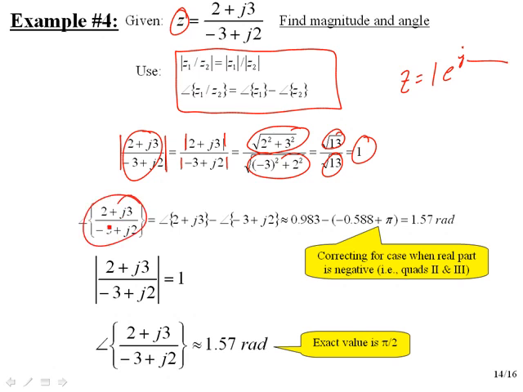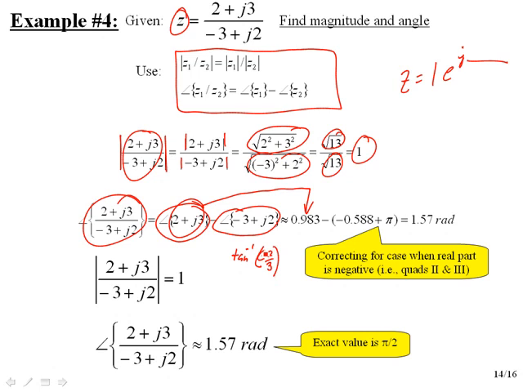So we take the angle of the whole thing, which by our rule is the angle of the numerator minus the angle of the denominator. And when we do that, we put it into our calculator. No problems there, since the real part is positive. Whatever our calculator spits out is correct. Here we're going to take inverse tangent of minus 2 over 3.